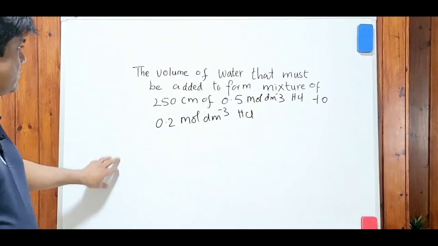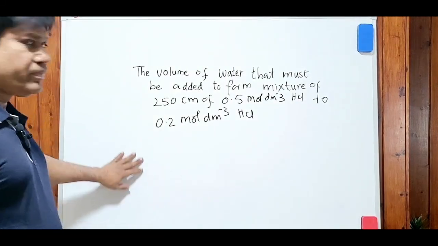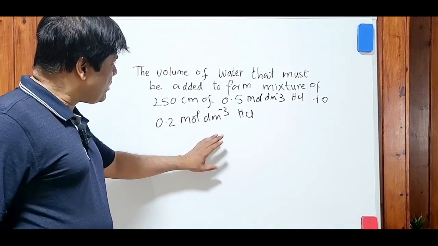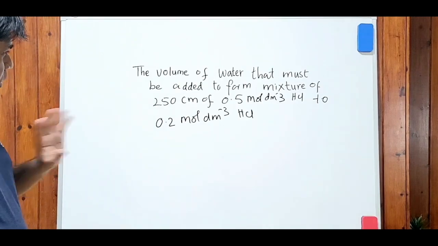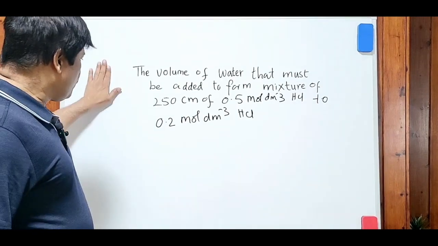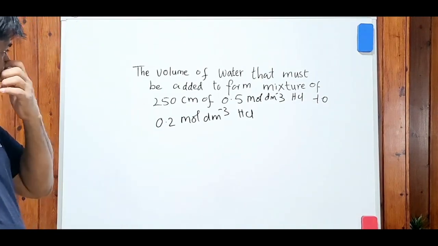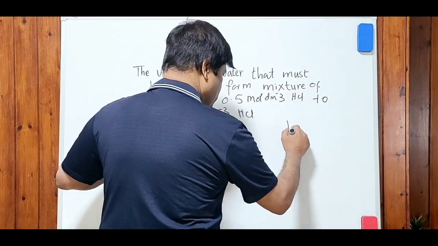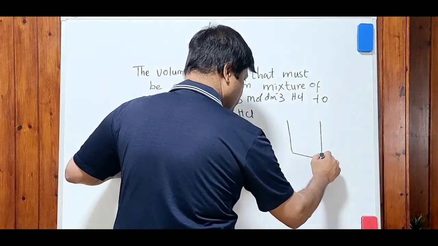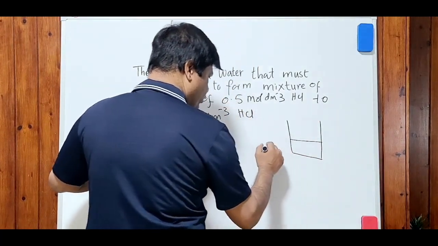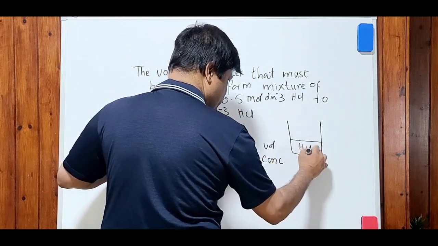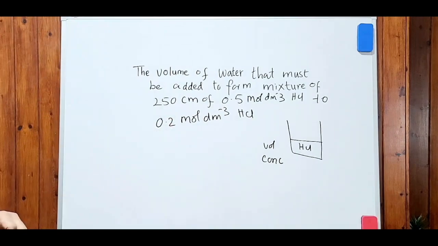Look at one more question. It's a different type. I've seen this question in OCR past paper and AQA past paper. How to work out the volume of water added. Look at the same solution. We have one solution whose volume and conc is given to you, like HCl is a solution whose volume and conc is given to you.